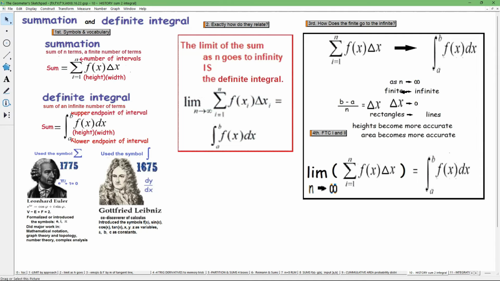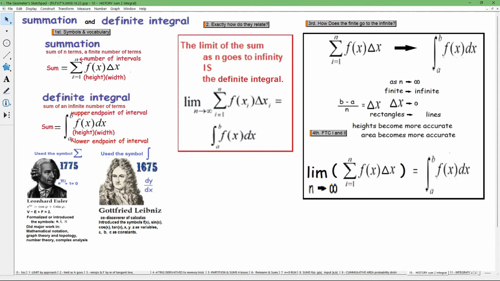We go from the finite to the infinite as the difference between b and a divided by n, that delta x, goes to 0, gets smaller and smaller and smaller. The rectangles, the boxes, turn to lines.